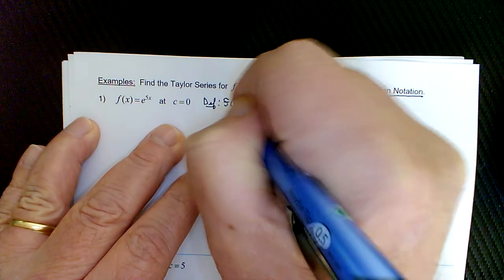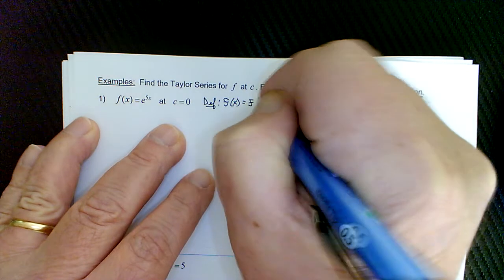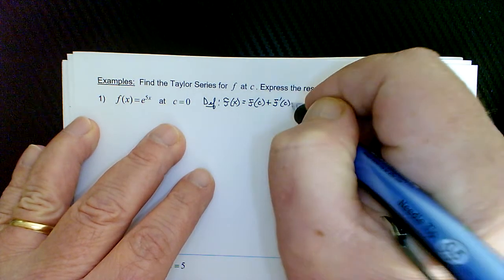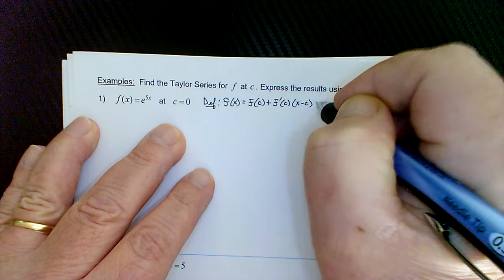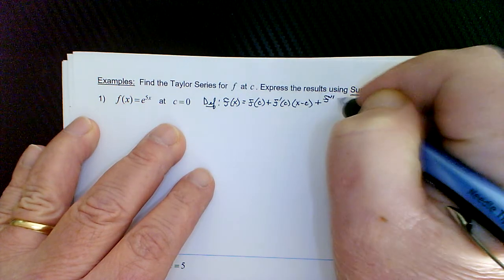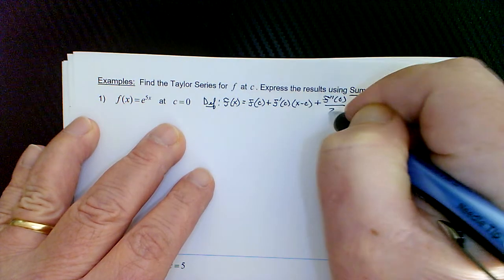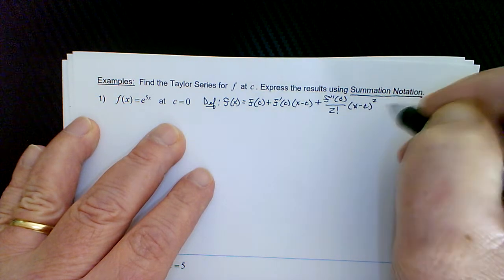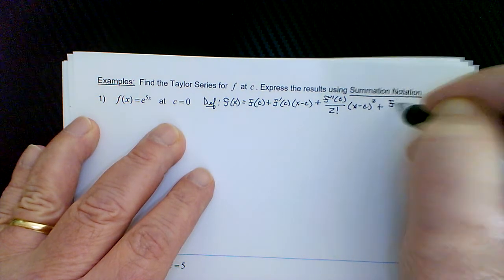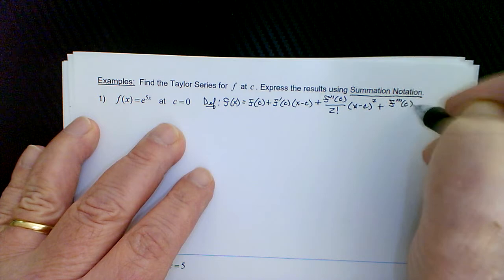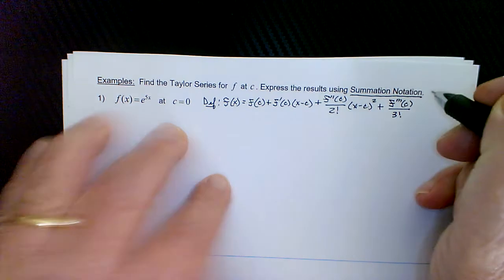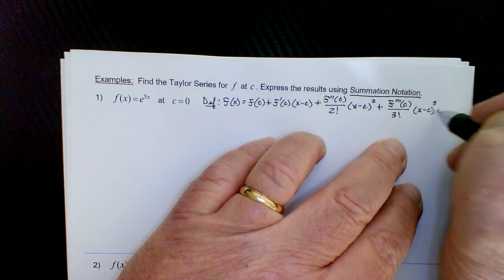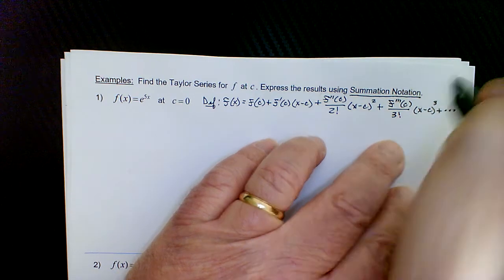It's that f of x is equal to f of c plus f prime of c times the binomial quantity x minus c, plus f double prime of c over 2 factorial times the binomial x minus c as a quantity squared, and then plus f triple prime of c over 3 factorial times x minus c as a quantity cubed, and that goes on forever as an infinite series.